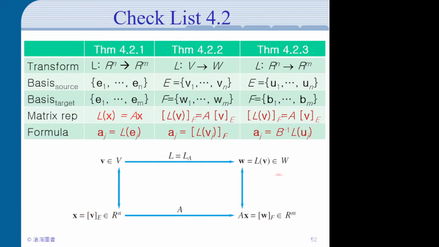And also in W, you have a unique coordinate in terms of W1 to Wn, which we think of as a column vector in Rn. And then finally, how you find the matrix representation is you have this one-to-one correspondence.